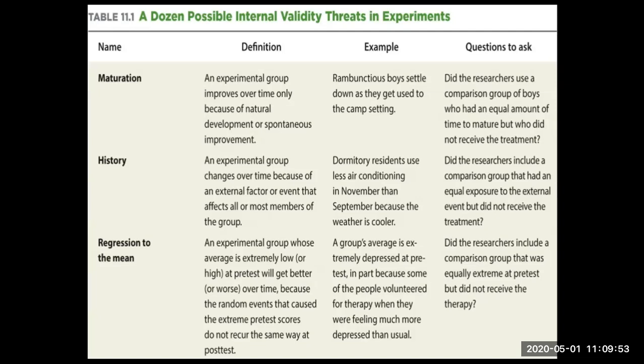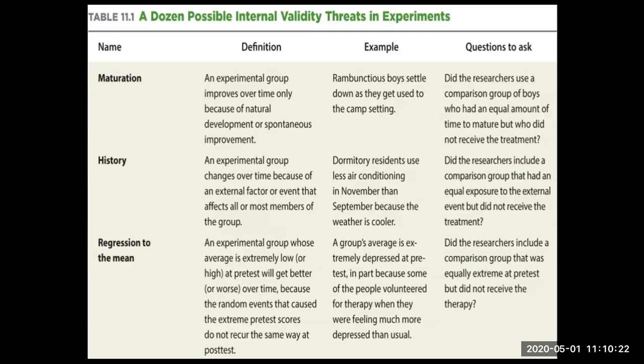History threats. An experimental group changes over time because of some external factor or event that affects members of the group. So there was an example in the chapter of a study done on dorm residents, so college kids, looking at whether they reduce their energy output if a go green type of initiative is put in place.